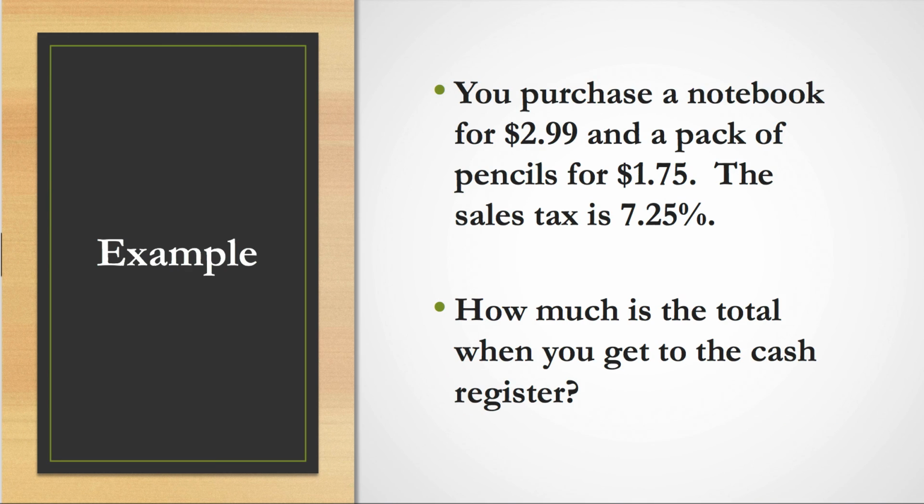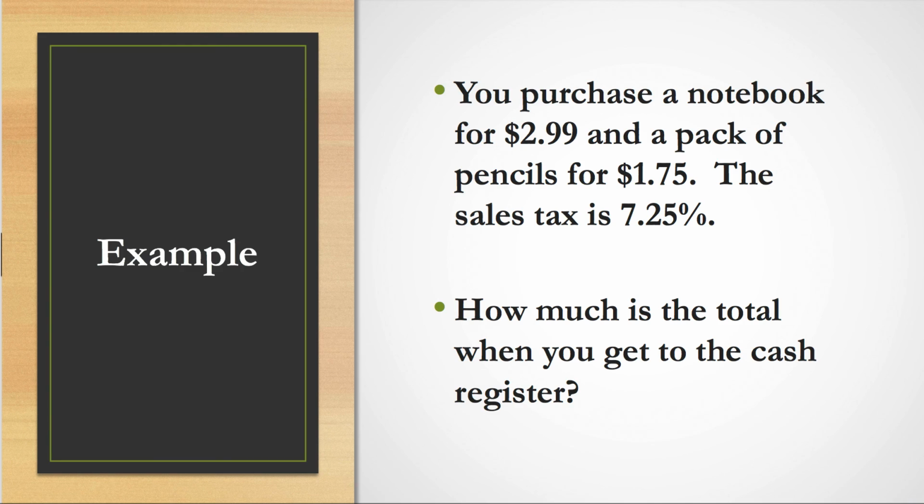Okay, one final example. You purchase a notebook for $2.99 and a pack of pencils for $1.75. The sales tax rate is 7.25%. How much is the total when you get to the cash register? This one is a little more complicated because I'm buying 2 items.